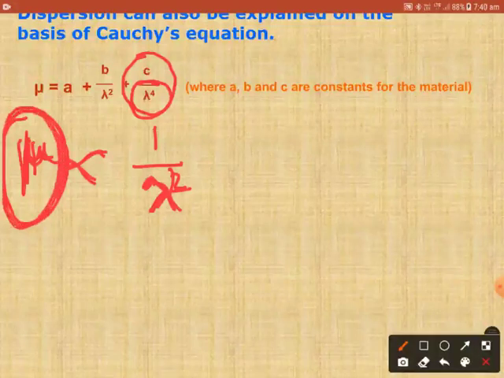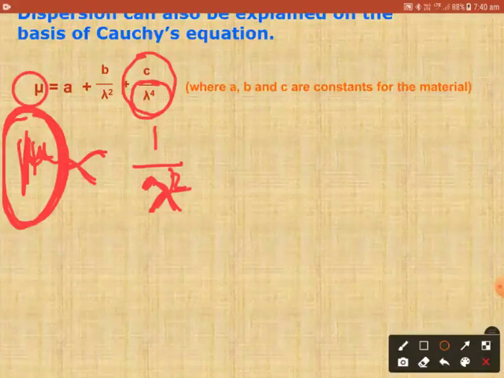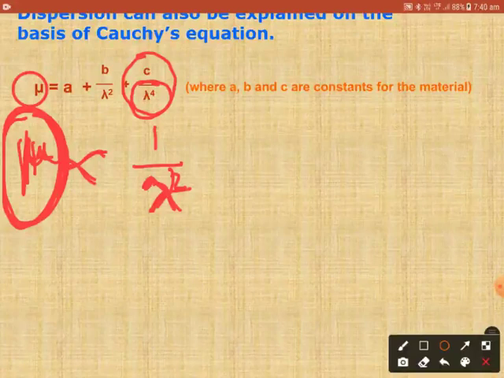What is the significance of this refractive index, mu? It gives you the degree of bending, that is, how much the refracted ray will be bent from the actual direction of the incident ray.